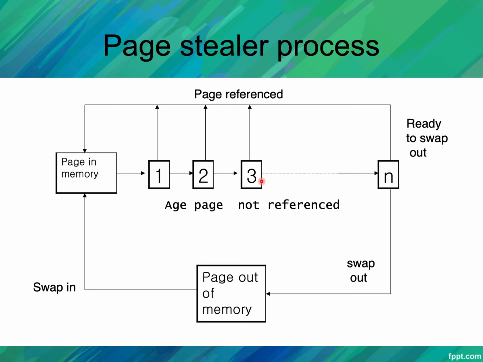That means if the Pagestealer process is executing, it can steal this particular page and swap it out. This n is the threshold value, or the lowest mark. When it reaches this particular value, that page will be swapped out, and then the new page can be swapped in. So this is what the Pagestealer process is doing.